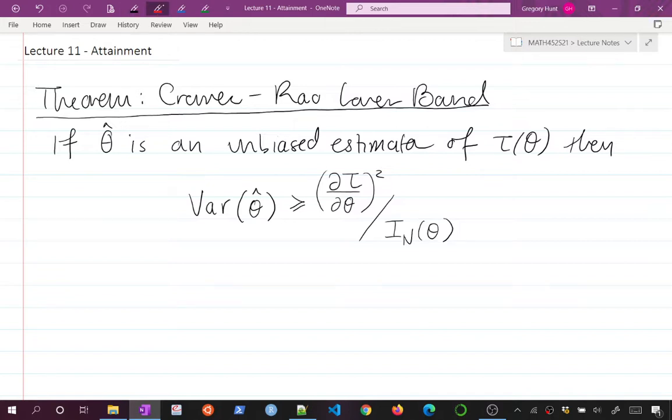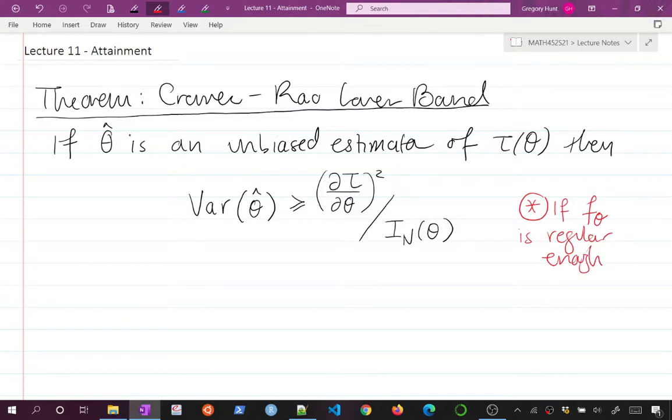And there is a kind of asterisk here, which is that this is true if the PDF of our data, f theta, is regular enough.